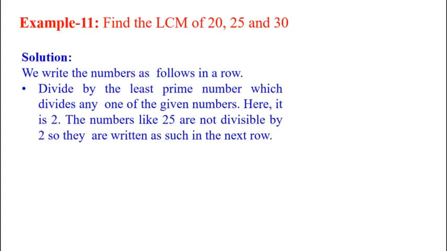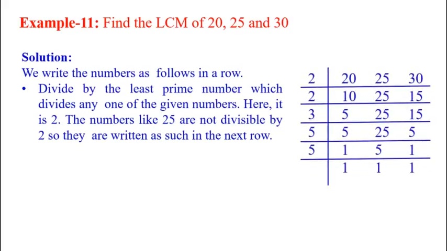Here it is 2. 20 and 30 are divisible by 2, but 25 is not divisible by 2. So the number which is not divisible is written as such in the next row. Here we write 20, 25, 30 in a row. Then we divide by the prime factor 2.